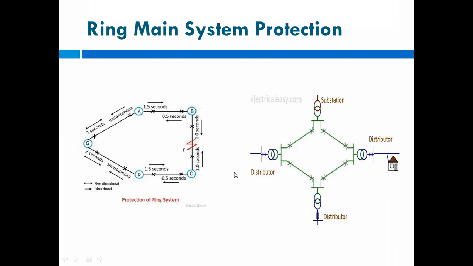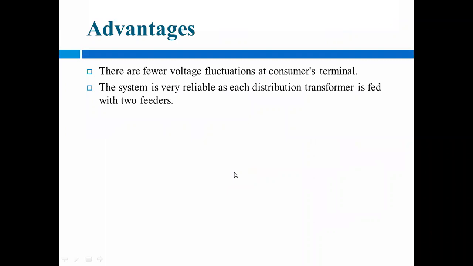Okay. So the advantage of this ring main protection is there are fewer voltage fluctuations. Means the system is very reliable as each distribution transformer is fed with two feeders.